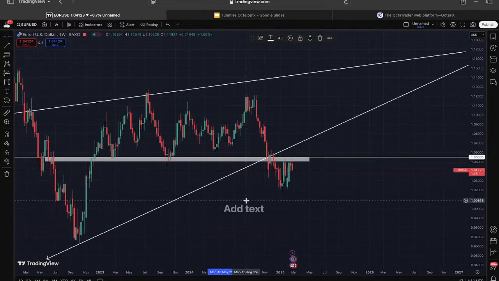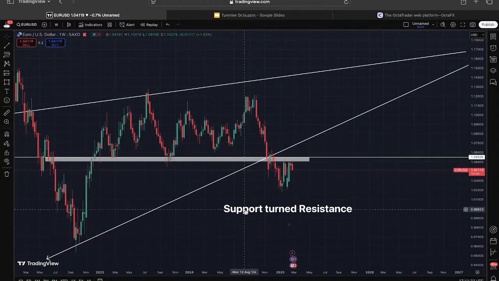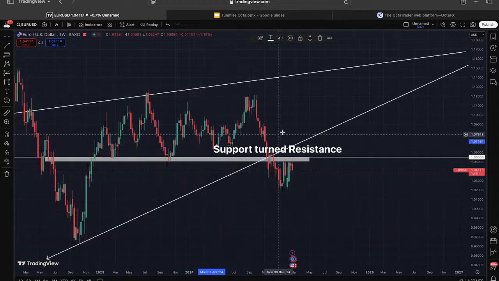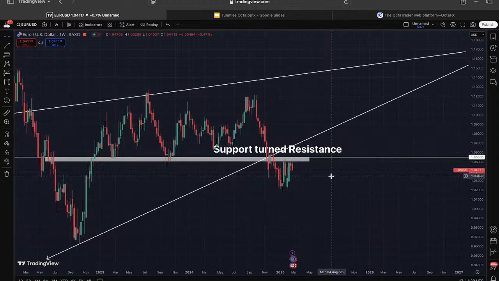Let me write it for you: support turned resistance. This level is a support turned resistance level, and that's why we can see that price, having broken out from this support zone, now finds that zone acting as a resistance zone. All right, good.